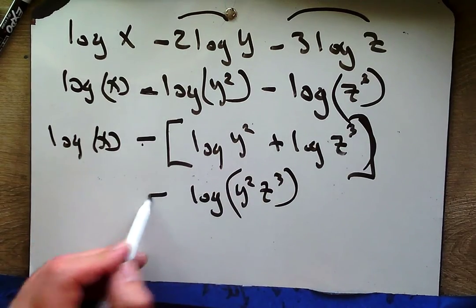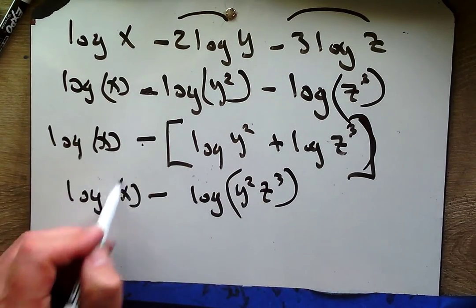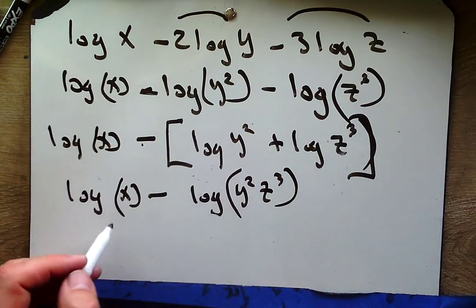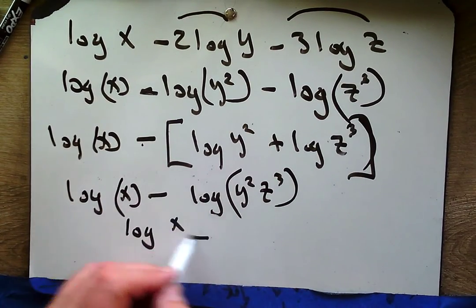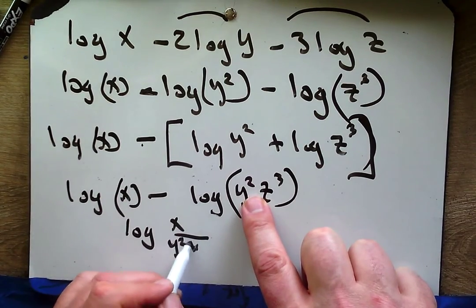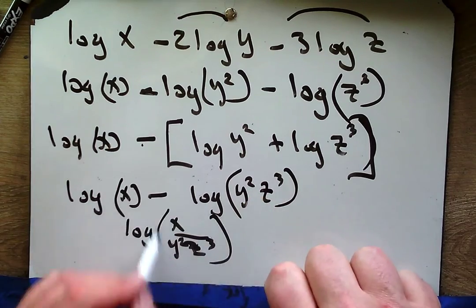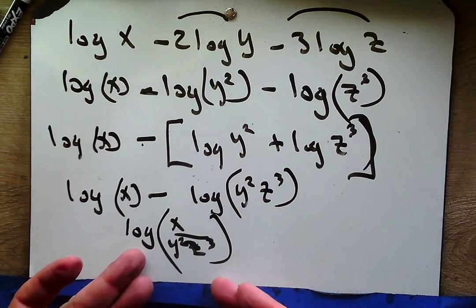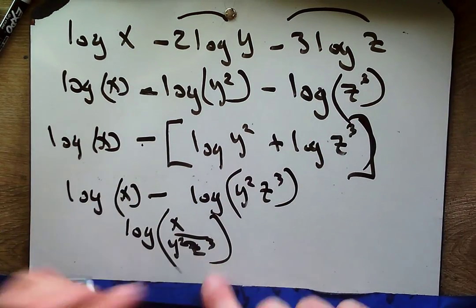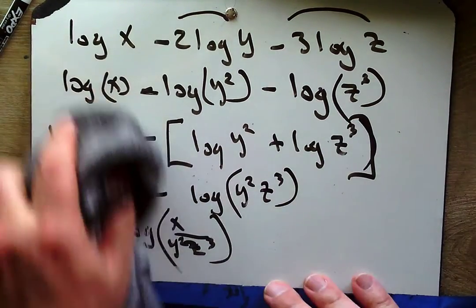Hey, there's that minus out in front, and a log x. And look, 2 logs joined with subtraction. I can condense that into 1 log, where this is on top, and these are on the bottom. Ta-da! Same answer as just saying if it's got a minus, it goes on the bottom. And so I recommend that.